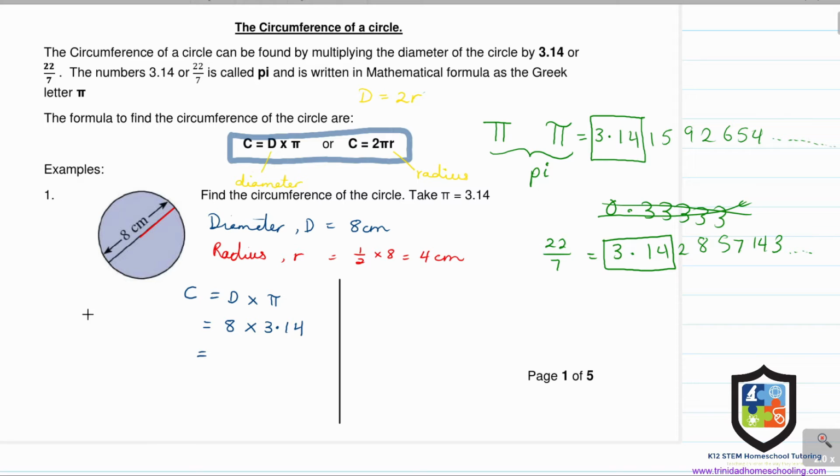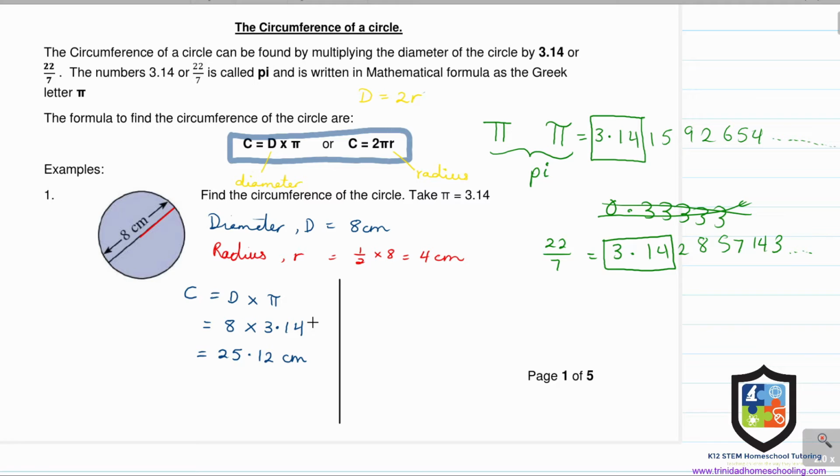Okay, so you could pull out your working column, multiply 3.14 by 8, and that will give us 25.12 centimeters. Alright, now remember to put your units in there or you could get that entire question wrong.